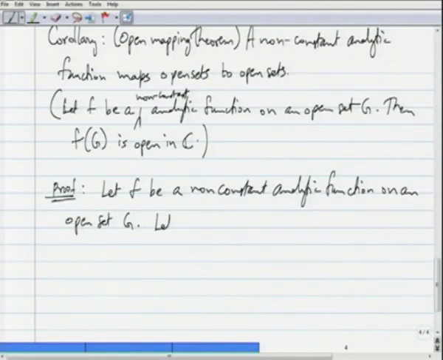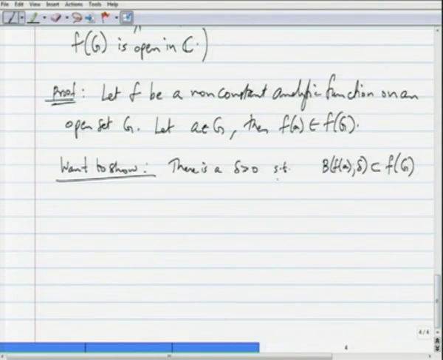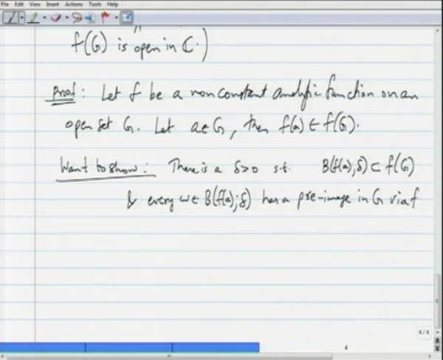So, let A belong to G, okay, and then f of A belongs to f of G. So, we want to show that there is a delta positive such that B of f of A, delta is contained in f of G, and every w belonging to B of f of A, delta, okay, has a pre-image in G via f. Okay, so, this is what we want to show.